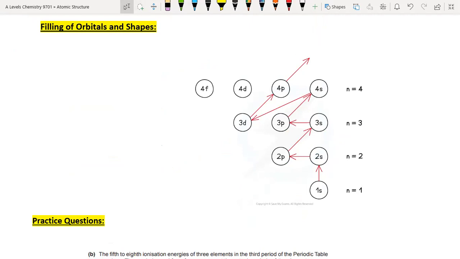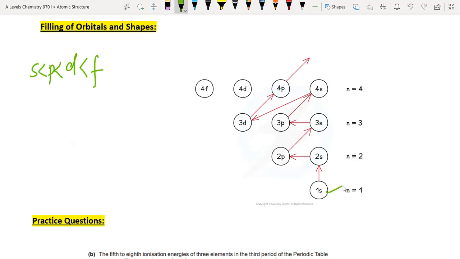These orbitals are filled on the basis of their energy level. S is at lower energy level. Then P is at lower energy level. Then D. Then F.